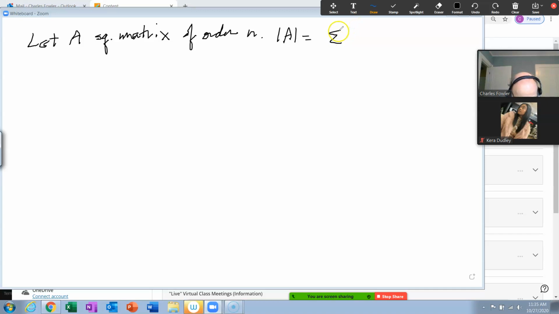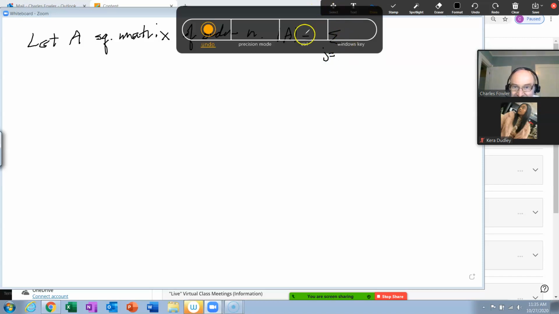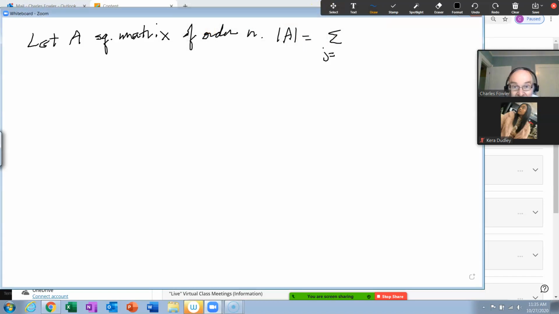It's the summation of j equals 1 to n, that's the size of the matrix, of a_ij times C_ij. I don't know if you remember what that was. It's been a week since we met. Here's what that is.